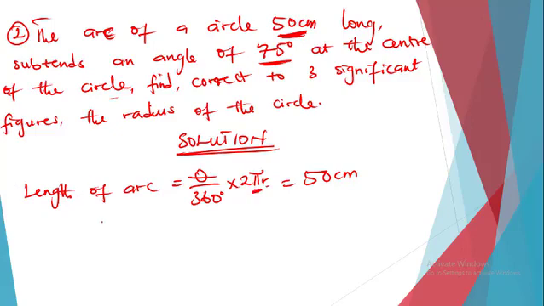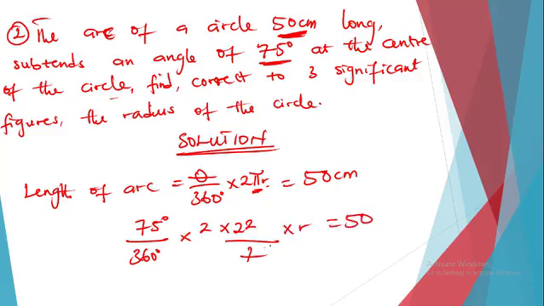Okay, substituting the value of theta and pi, we have theta to be 75 degree over 360 times 2 times 22/7, which is our pi, times r equals 50. Okay, we want to make r the subject of formula. By that we have 75 degree times 2 times 22 times r to be equal to 50 times 360 times 7.